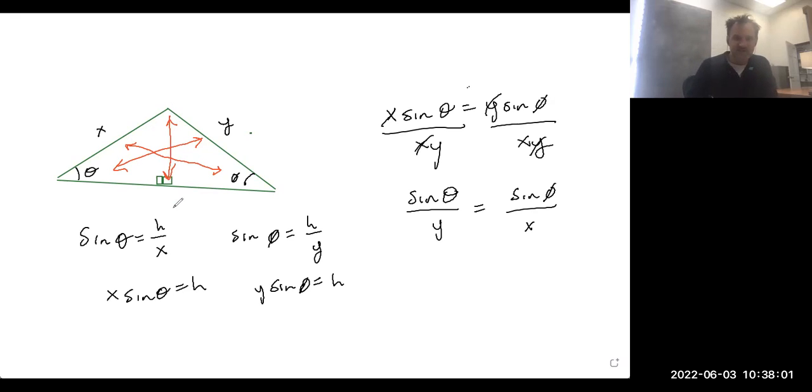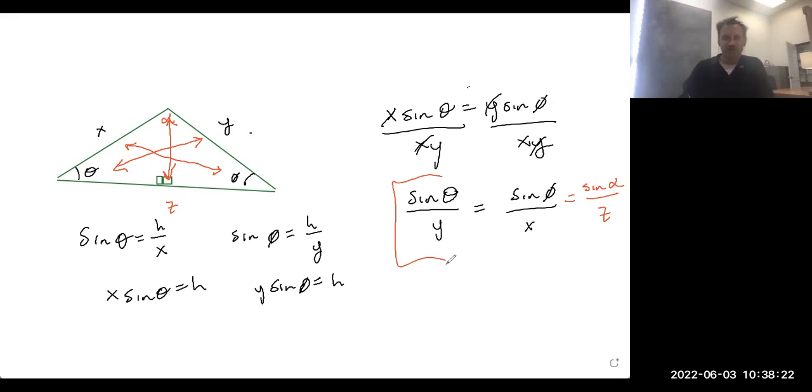So I call this z, and I'll call this alpha. So tacking on the third one, it would be sine alpha over z. That's the third ratio pair.